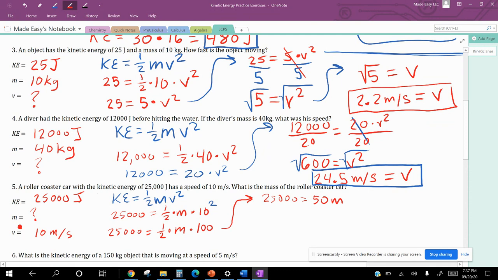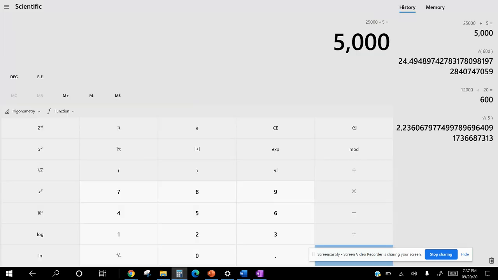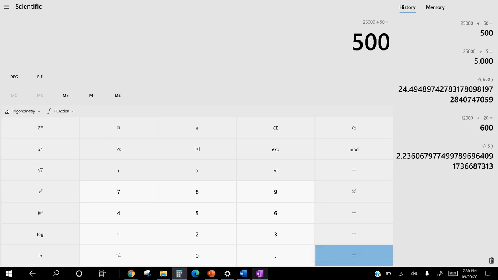I had a feeling something was fishy here. So now, what do we have to do to both sides? We're going to divide both sides by 50. After we do that, instead of 5,000, that should be 500 equals m. Let's double check. We don't want to be too confident and make mistakes when we did all the work correctly this time. 5,000 divided by 50 gives us 500.